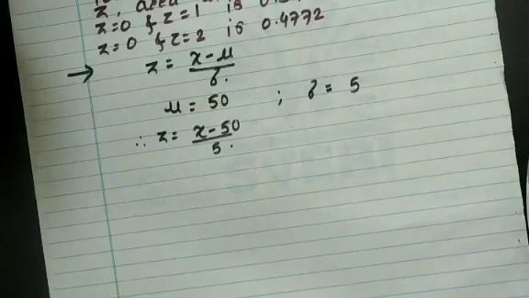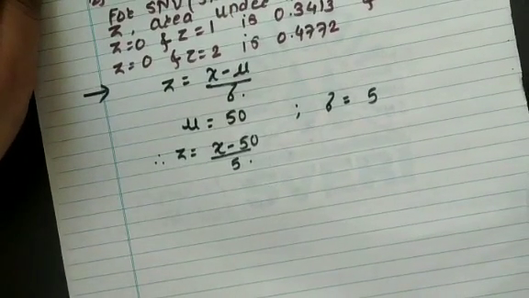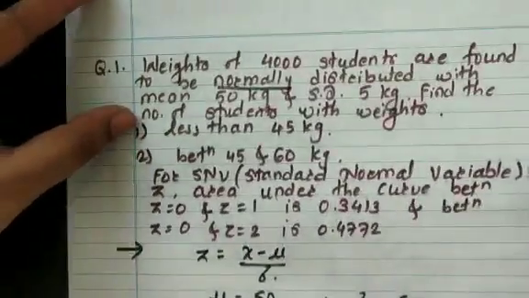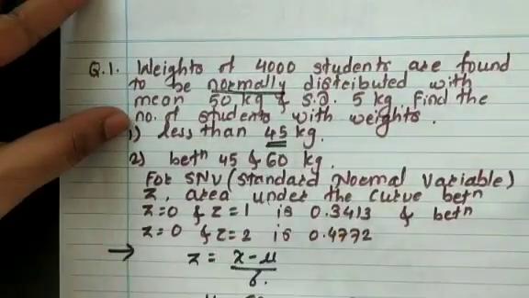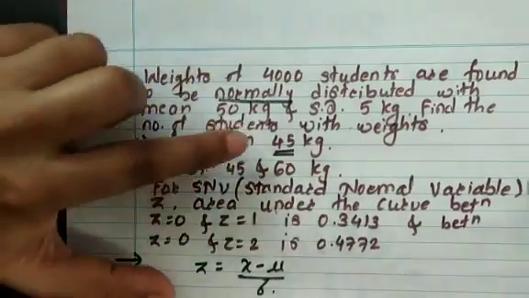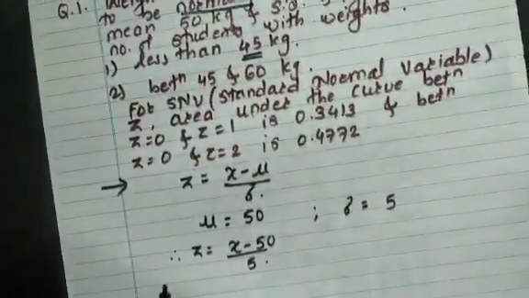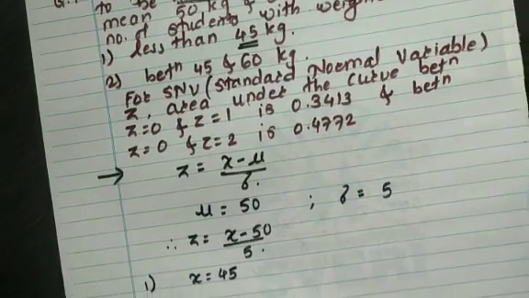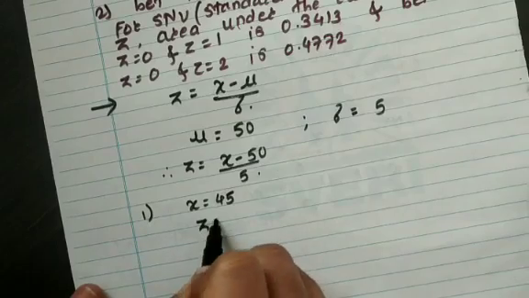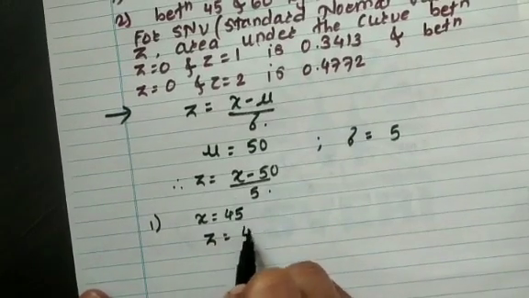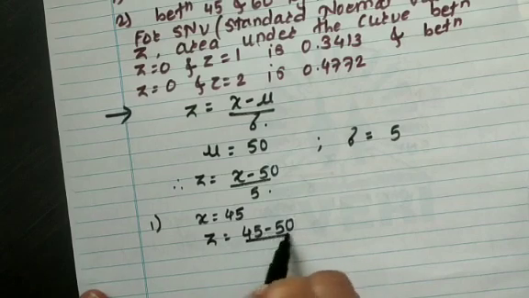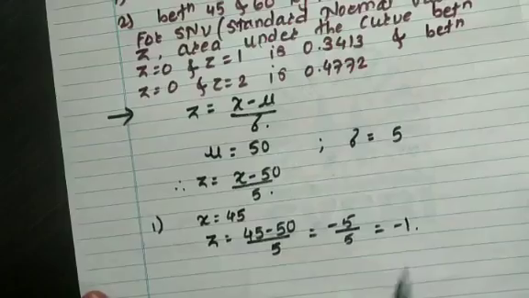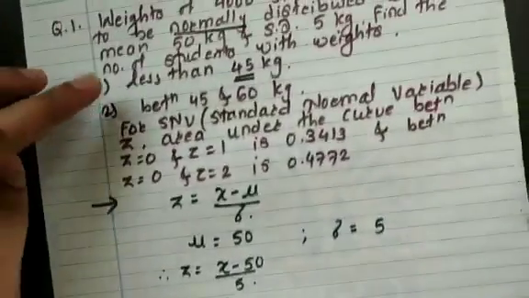Next we have to solve for the first question, which is less than 45 kg. So for the first question, your x is 45. We'll find the corresponding Z by putting x is 45: 45 minus 50 upon 5, that is minus 5 by 5, that is minus 1. Z is minus 1.